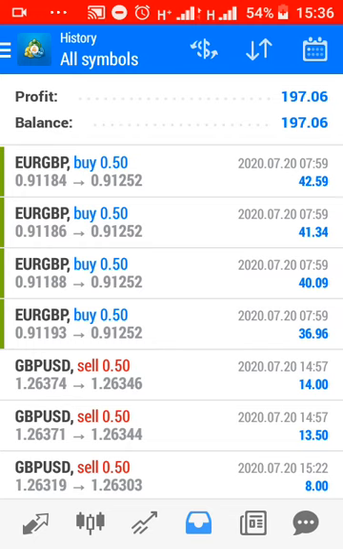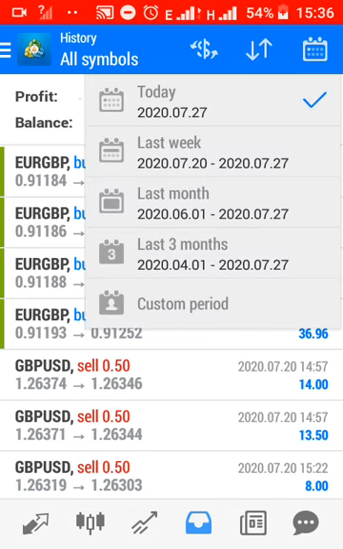For history, you can see how much money you have made in a day, how your day was, and how your month was. You can choose from these periods, time intervals, and then you see how you are trading, how you are behaving in the market, and everything.